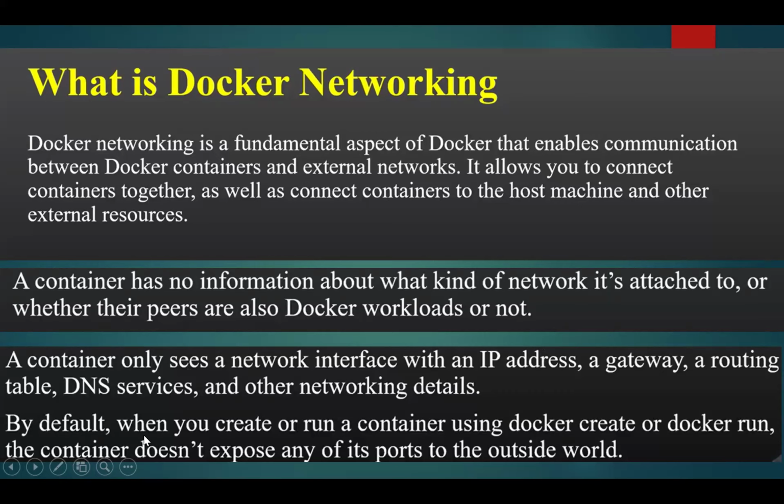So by default, when you create or run any container, with docker create or docker run, the container does not expose any of its ports to the outside world. What does it mean? It means whenever we create or run any container, by default, it does not have access to the outside port.